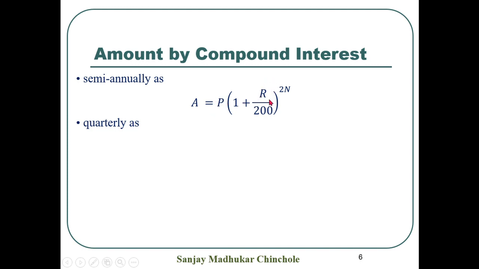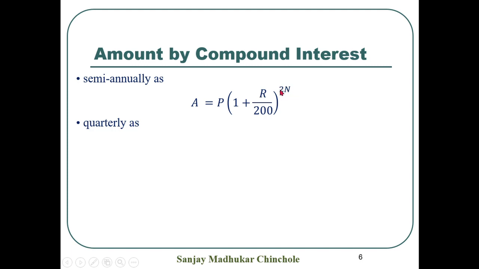where P is the principal amount on which the interest has to be calculated, R is the rate of interest per cent per annum, N is the number of years for which the compound interest has to be calculated. So in these n years we have 2n half years.